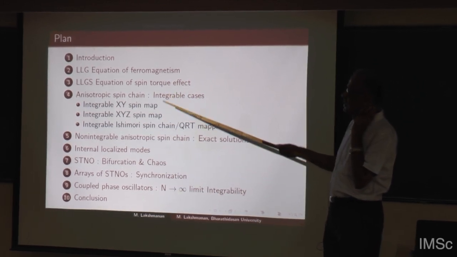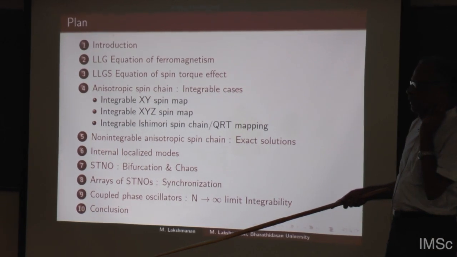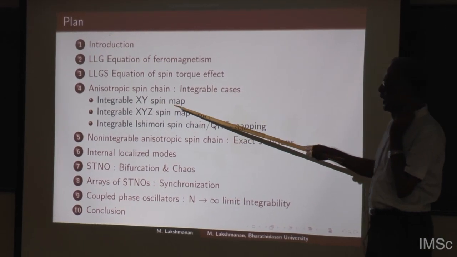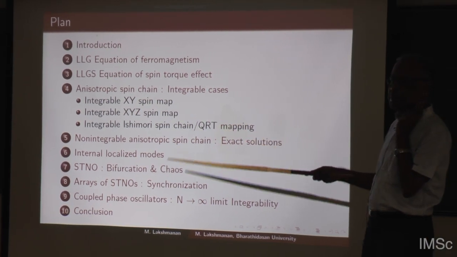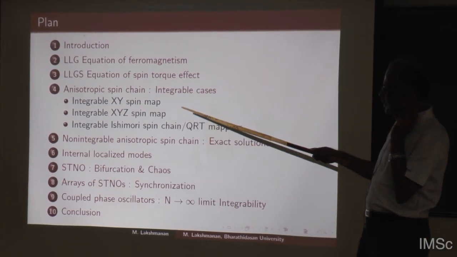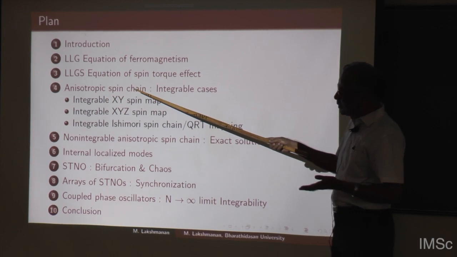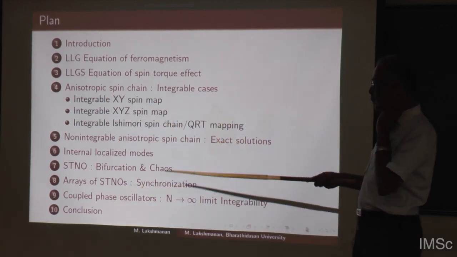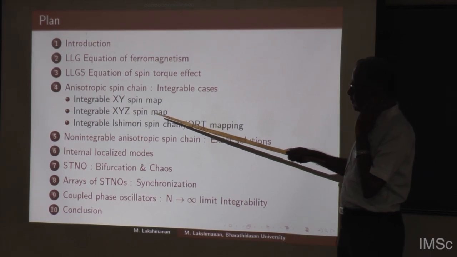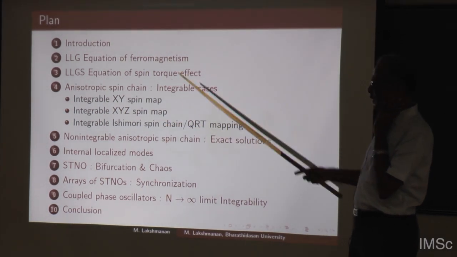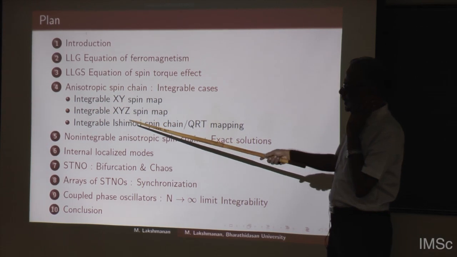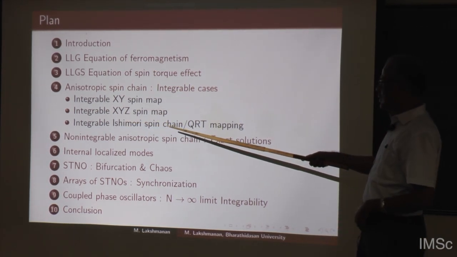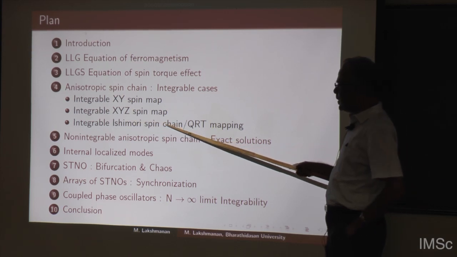But if you consider the discrete spin chain, first you find there are integrable maps, the XY spin map, the XYZ map, and so on. But unfortunately, even the simple isotropic or anisotropic chain is not an integrable one, but a modified version, which I will point out has some relevance to the continuous limit, the so-called integrable Ishimori spin chain.